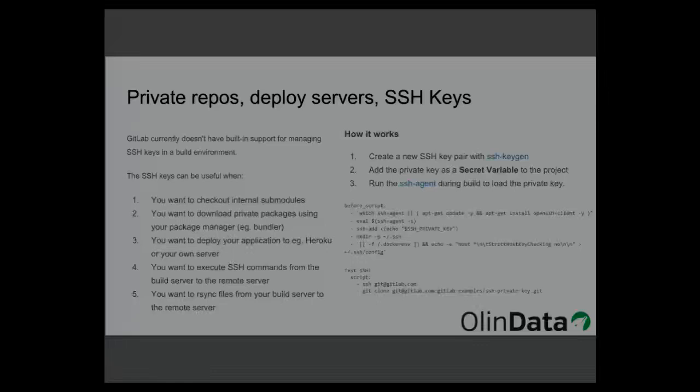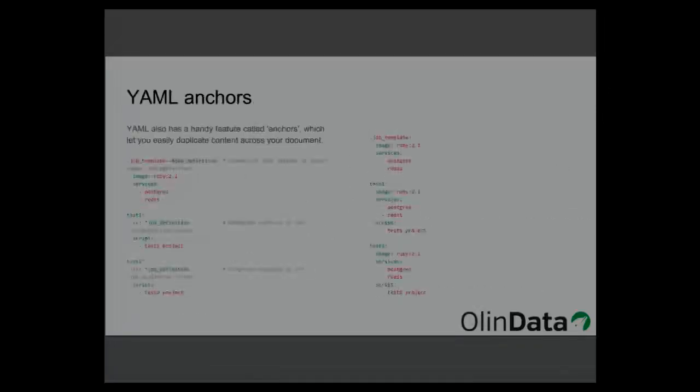One of the last things I want to show is the YAML anchors. This is not actually a GitLab CI feature. This is some deep, dark corner of YAML that allows this stuff. We don't actually use it because I find it to be a fairly complicated way of accomplishing things.